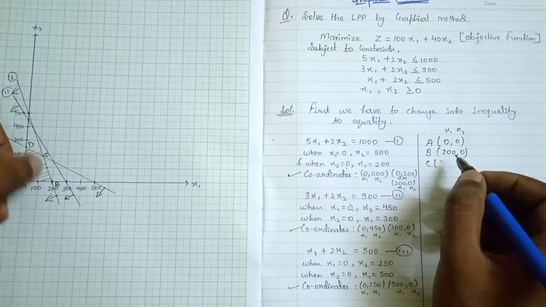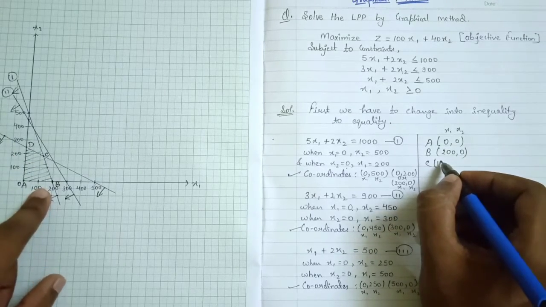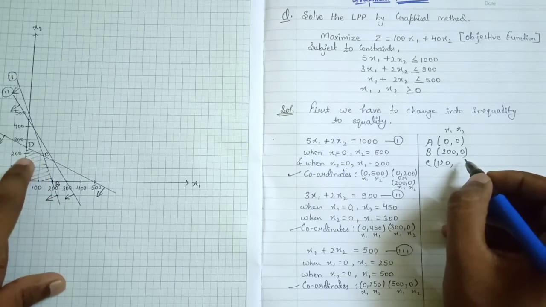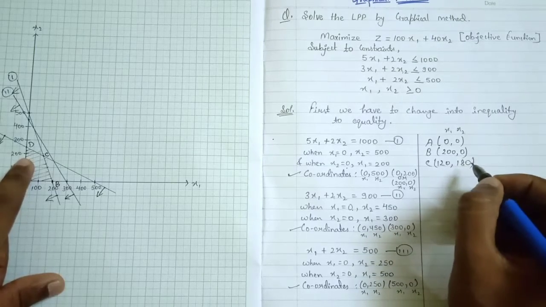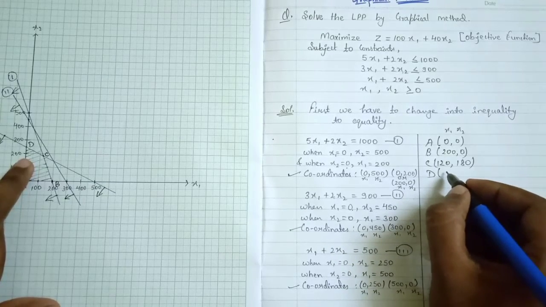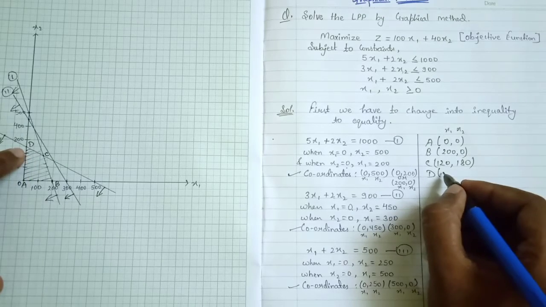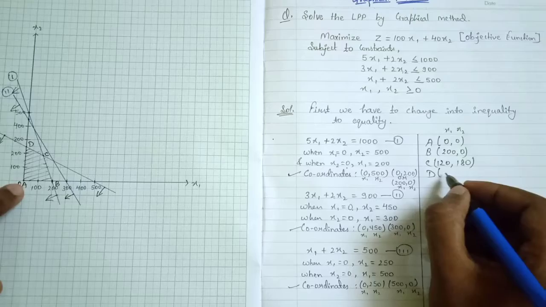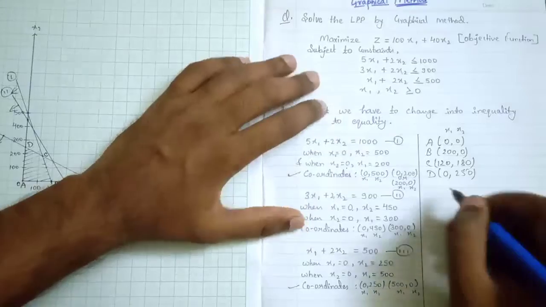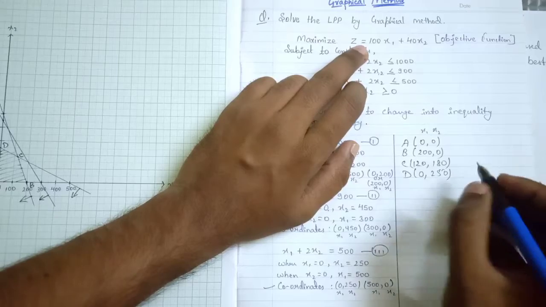It will come at the second point, that means x1 is 120 and x2 is 180. And then the D point I got is 0 and 250.